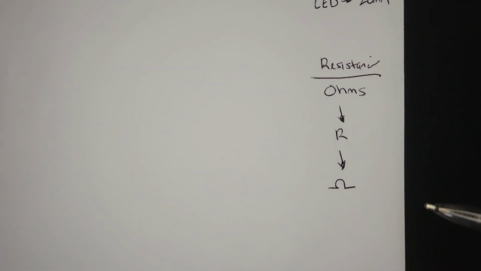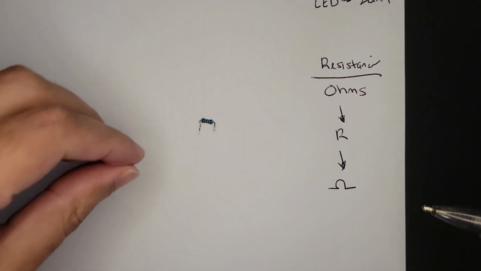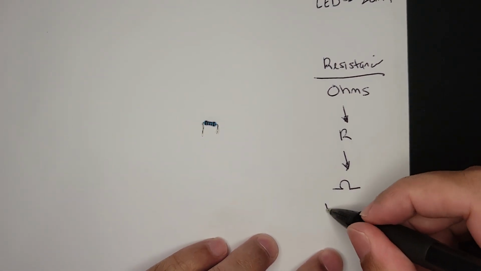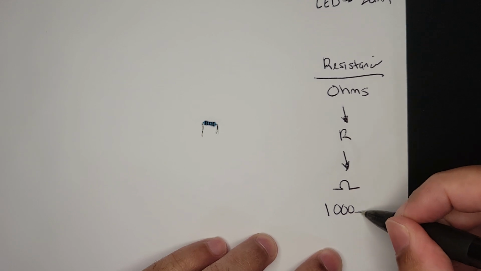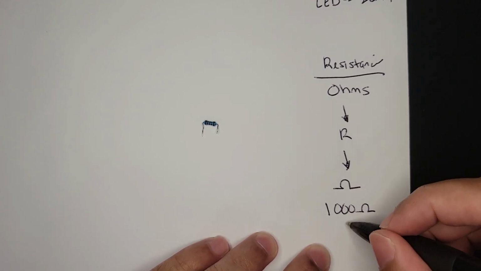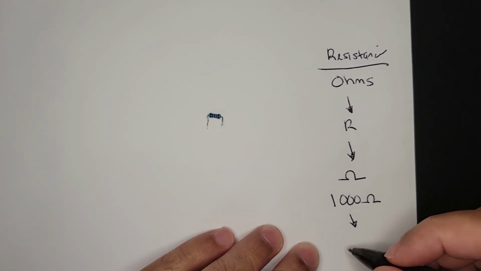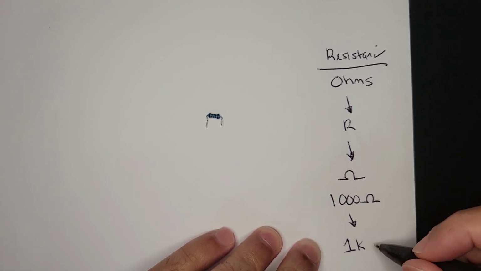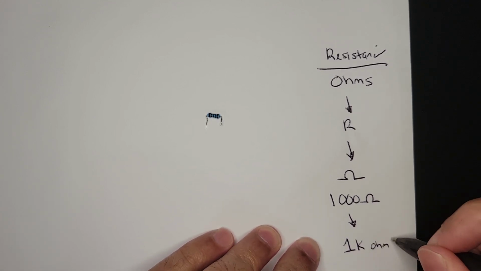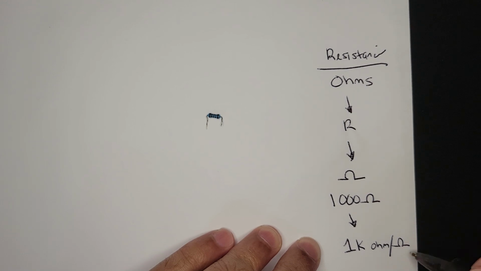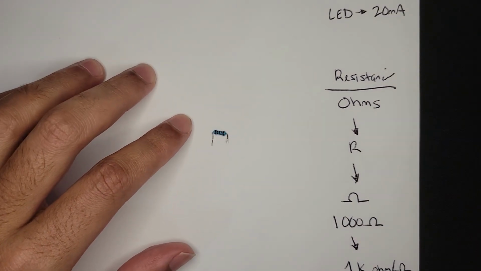So this resistor that I just had, this is a 1,000 ohm resistor, with the ohm symbol. Or we can call it a 1K, 1K ohm or the symbol. You can do either one. So this is a 1,000 ohm resistor.